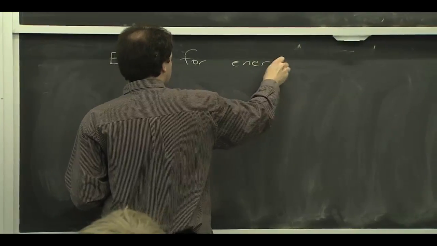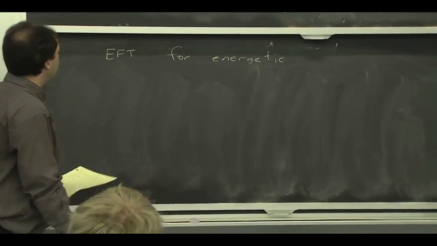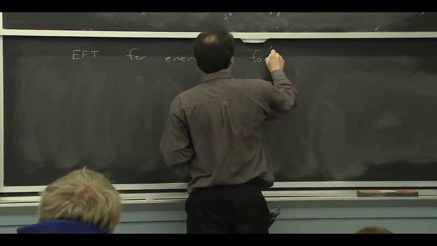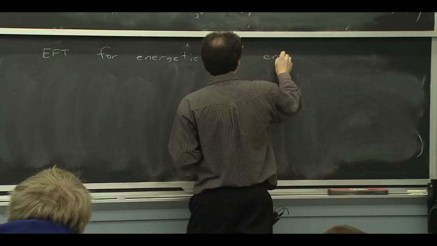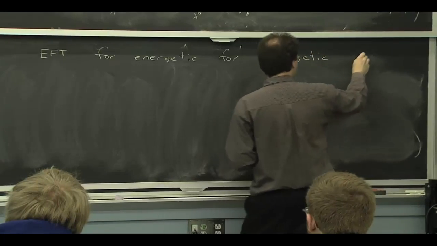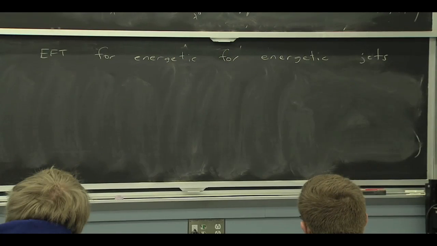And whenever you have this kind of situation where you've got collinear modes that are living on a higher hyperbola than the soft modes, which you call ultrasoft modes, that's an SCET1 type theory. And these two actually cover a wide range of phenomenology, these two particular cases, SCET1 and SCET2.